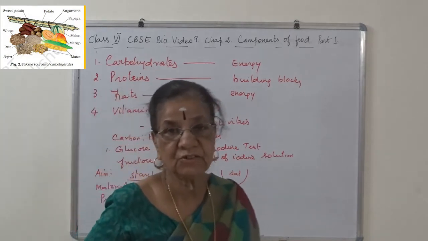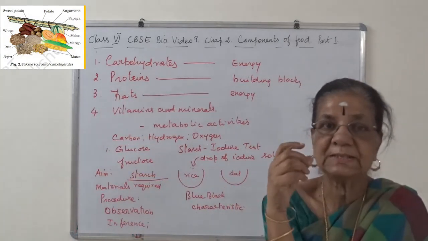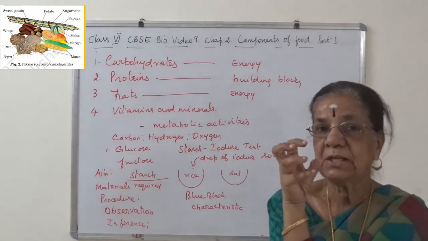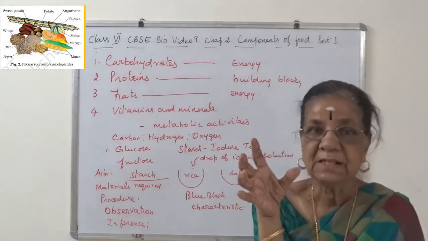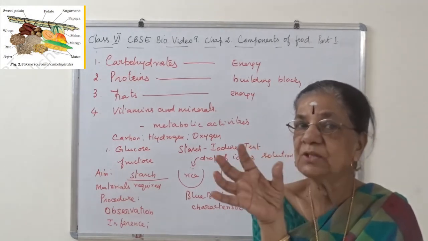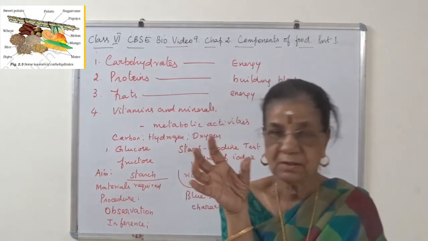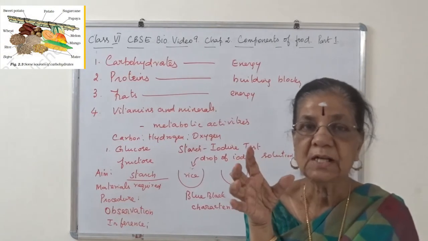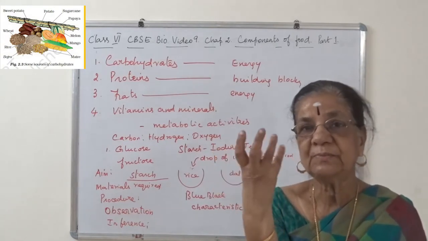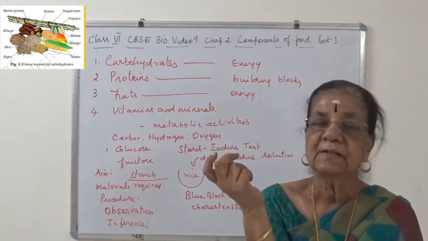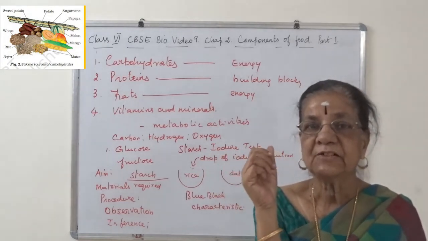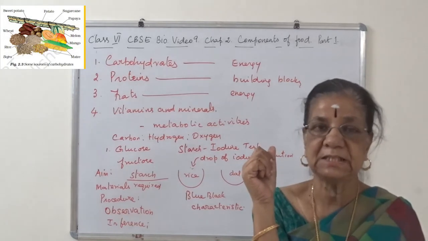When iodine is added to the food sample, there will be some color change, but it is not sure evidence of starch. So some changes occurred, but they have no significant value. So we write there is no characteristic change.